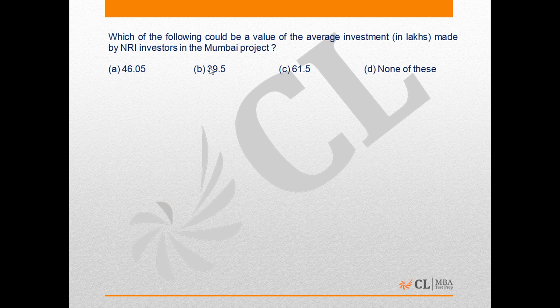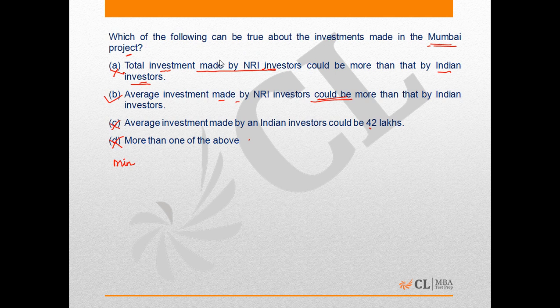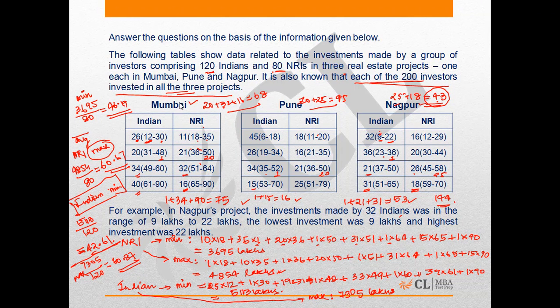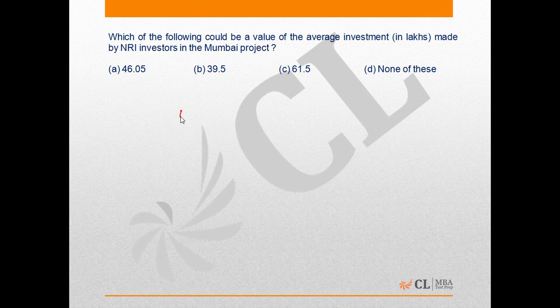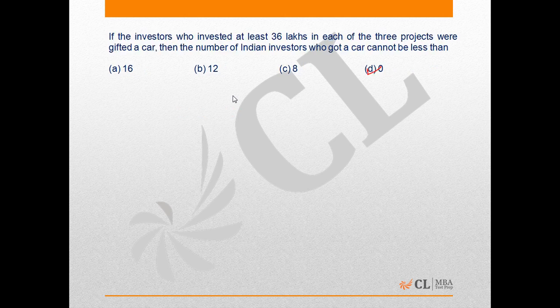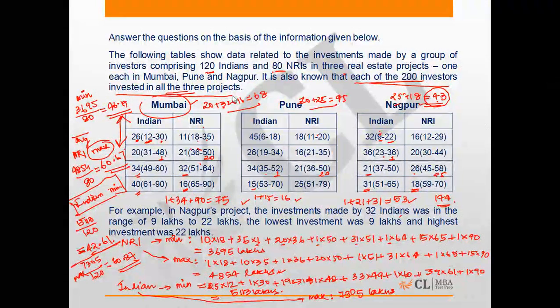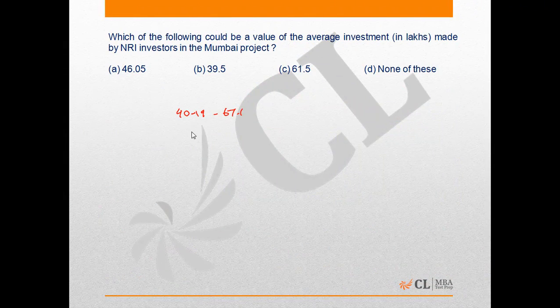Let's look at the fourth one. It says which of the following could be a value of the average investment in lakhs made by NRI investors in the Mumbai project. We have already calculated this one. For the Mumbai project, for NRI, the range is exactly 46.19 to 60.67.